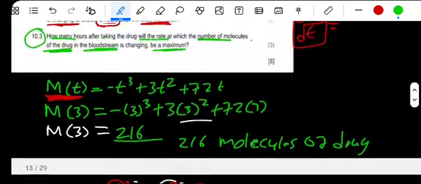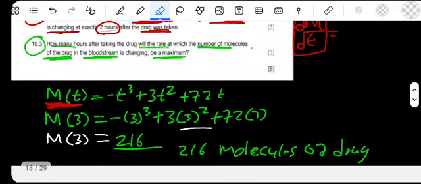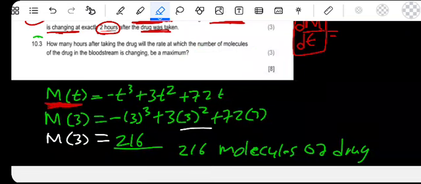But now you must be very careful. They were trying to trick us a little bit. As you can see here, already this is a rate. They said how many hours after taking the drug will the rate, not the original function, not the function of the molecule, the rate.